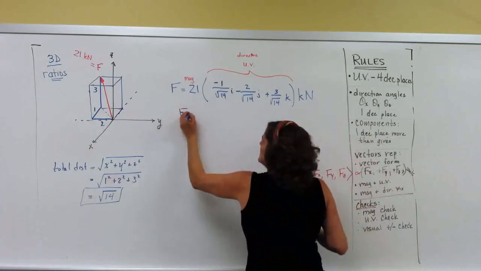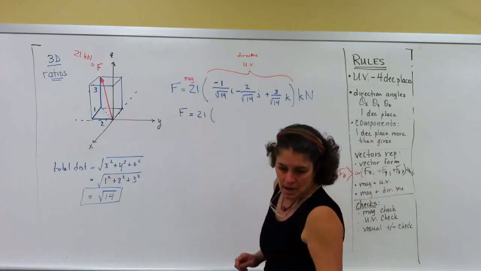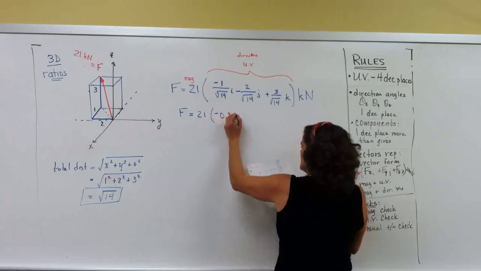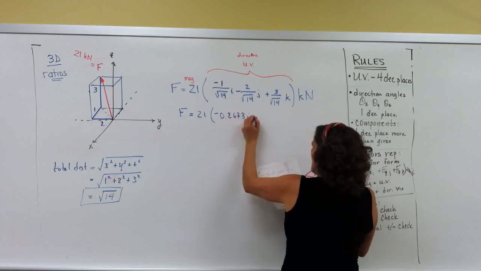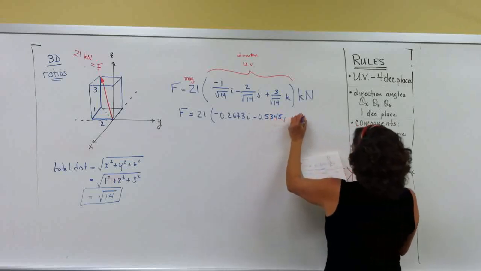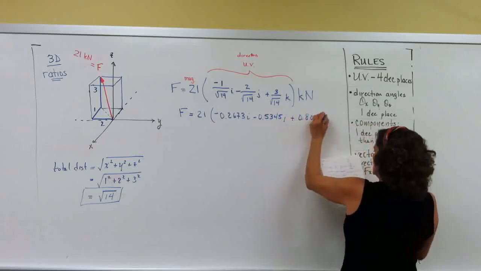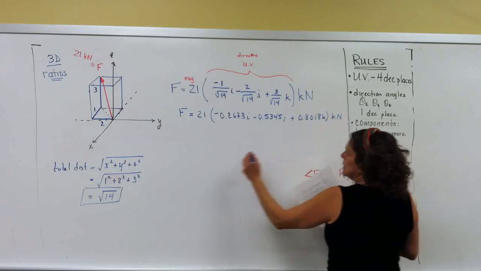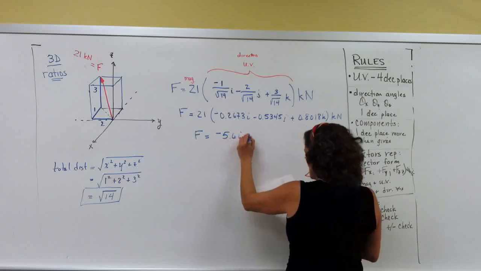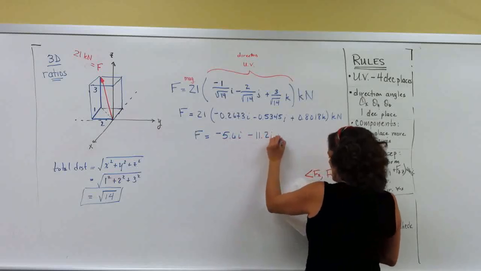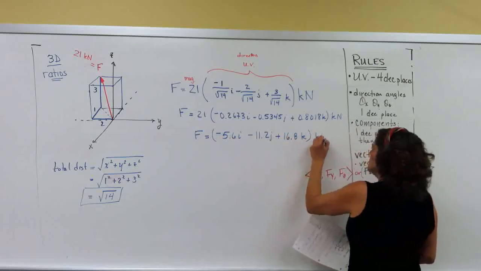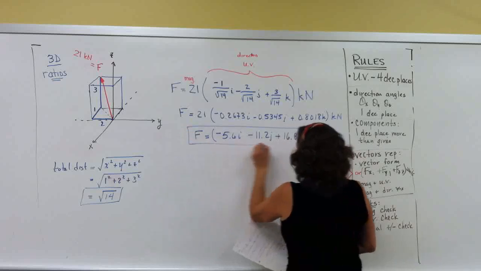And this turns out to be 21 times -0.2673 i minus 0.5345 j plus 0.8018 k kilonewtons. And the solution of our answer comes out to be -5.6 i minus 11.2 j plus 16.8 k, and the units are kilonewtons.